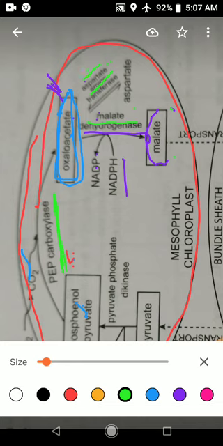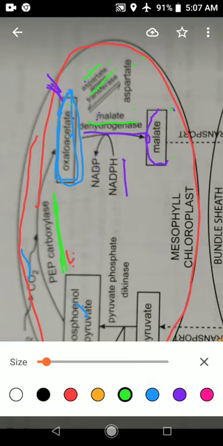Due to this enzyme, oxaloacetate is aminated to aspartate, and aspartate again changes into oxaloacetate. So this is a reversible reaction, and this reaction is catalyzed by the aspartate aminotransferase enzyme.